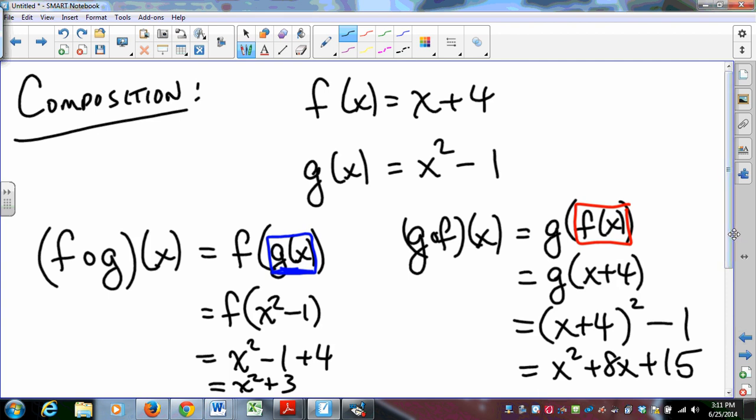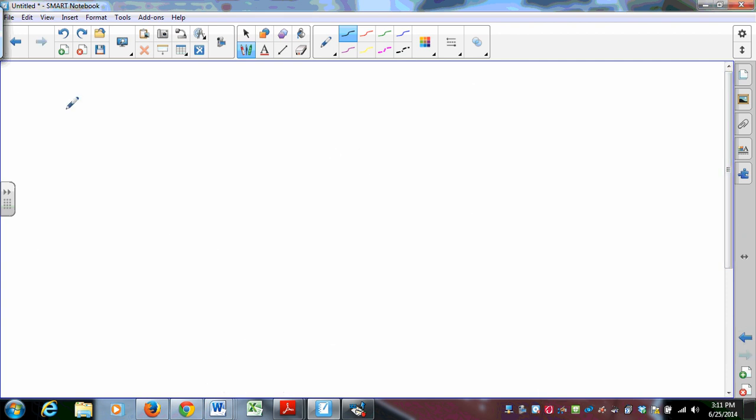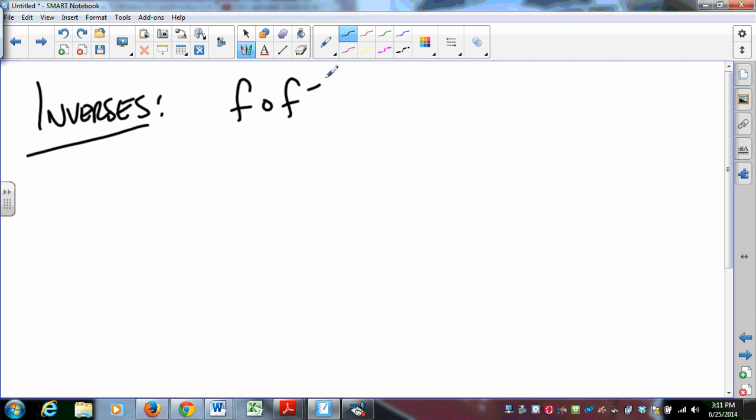Hey, one more thing. When we talk about the inverse of a function, the inverse of a function is the function such that if you compose the inverse, that's read f inverse, with f, or if you compose f with the inverse, you get the identity function.